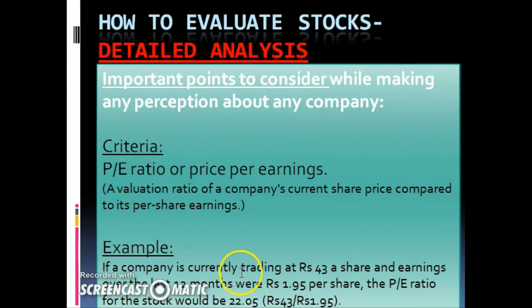Now this is a very important criterion. The better the price to earnings an organization has, the safer the investment you are going to get. So whenever you form a perception about any particular company while you're going to trade with it, you should always be careful about how you judge them, and you should always judge them by their price to earnings.